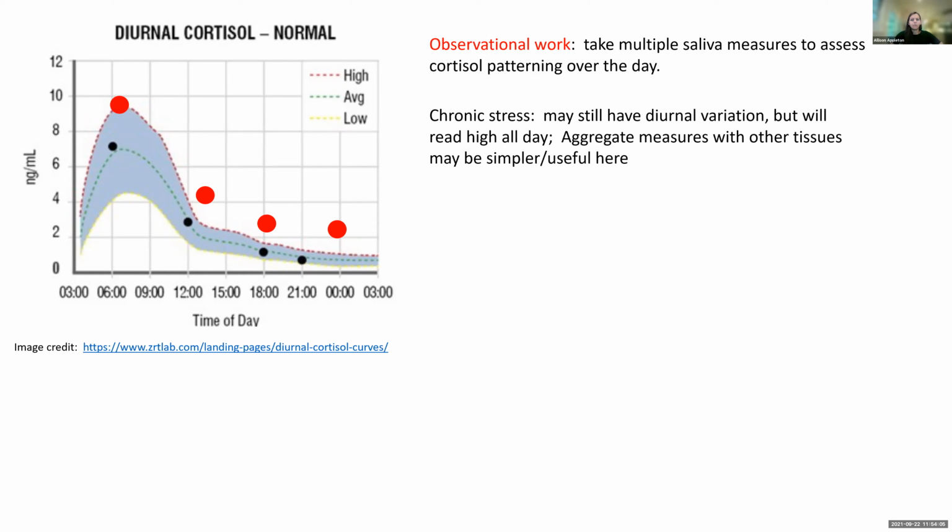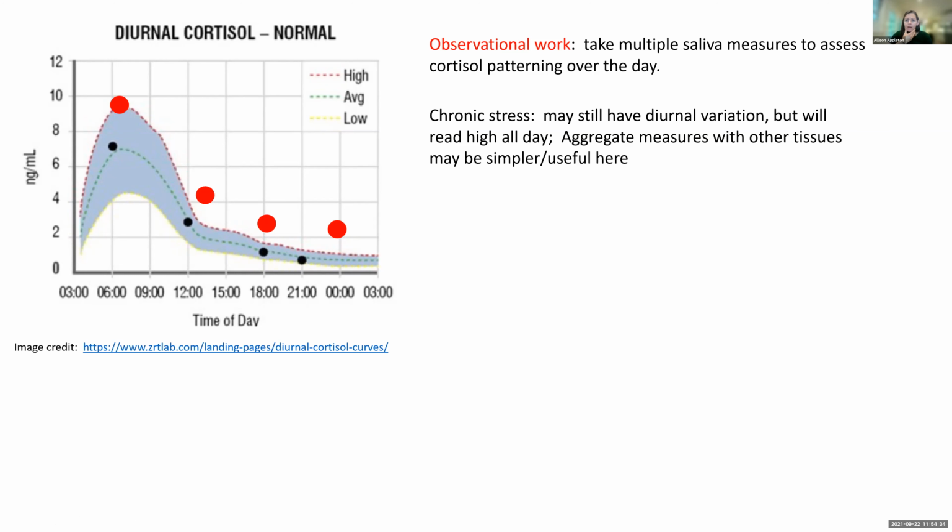What's good about this approach is that you'll be able to identify high stress people versus low stress people, and people track high or track low all day. If you're thinking about chronic stress, you're still going to have diurnal variation, but this person under high stress will read high all day. I've drawn these red dots on the graph to show that a high stress person will read high all day.